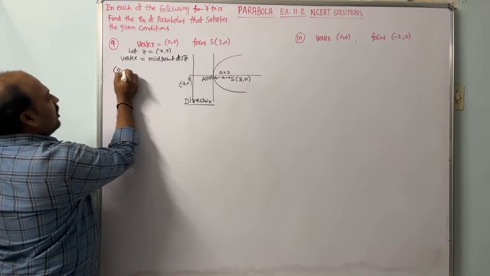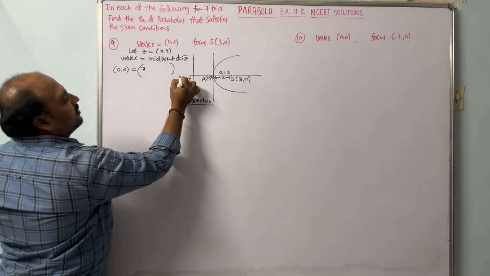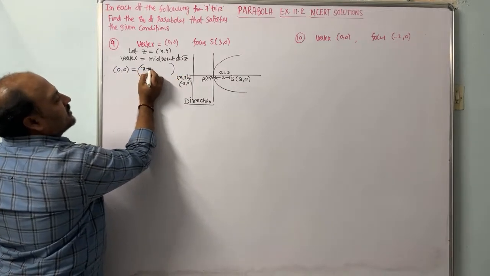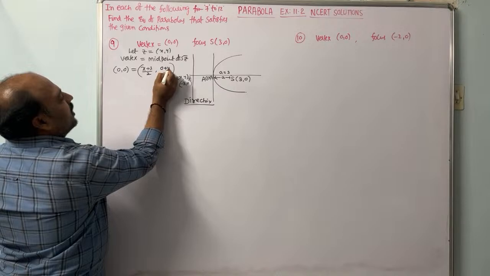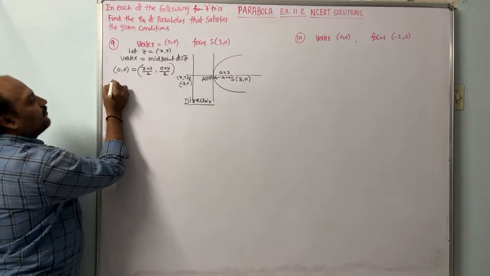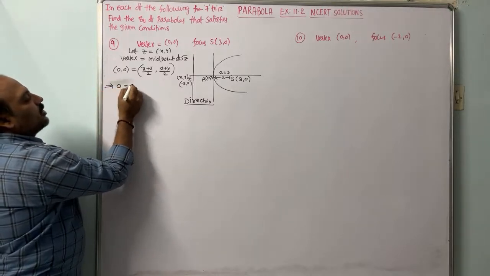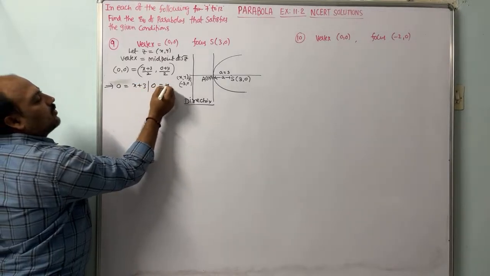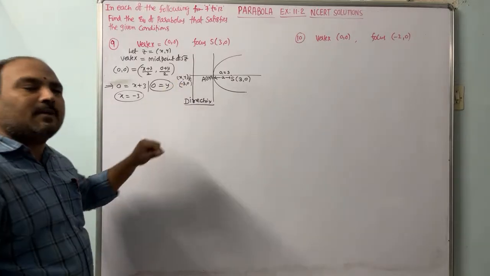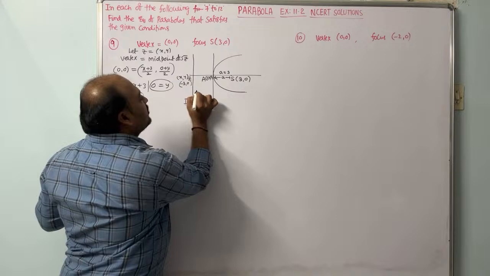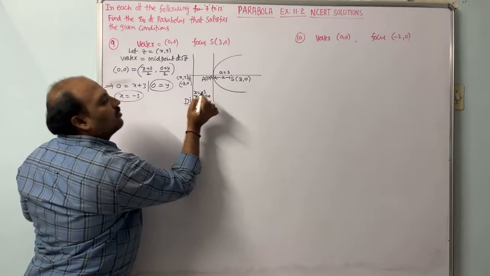So vertex means 0, 0 equal to midpoint: (x plus 3) divided by 2, (0 plus y) divided by 2. Cross multiply: 0 equal to x plus 3, 0 equal to y. So x is equal to minus 3. Substituting x and y values we get minus 3, 0. Next, here x is equal to minus 3 is the equation. So that means x plus 3 equal to 0.